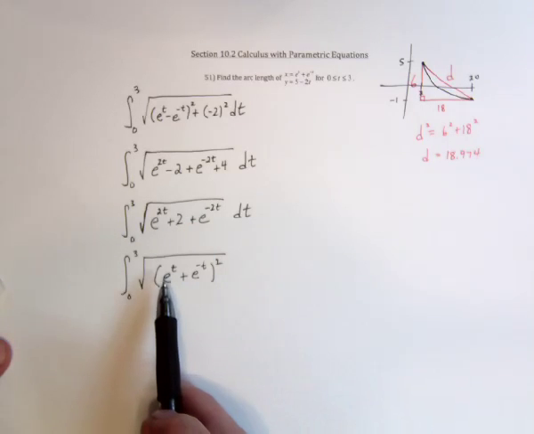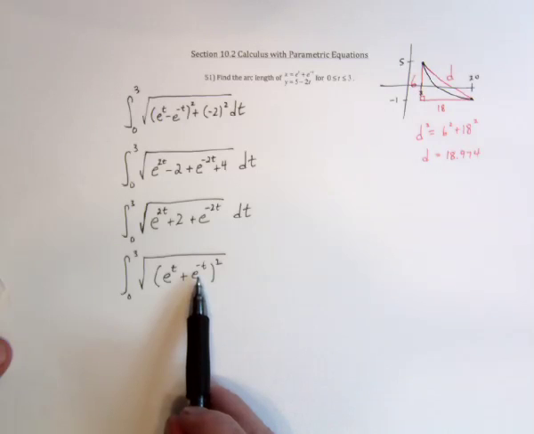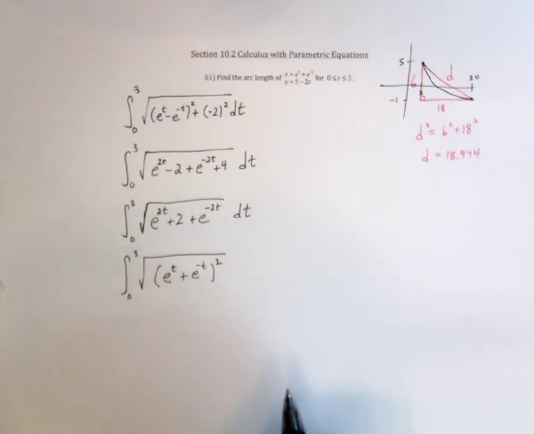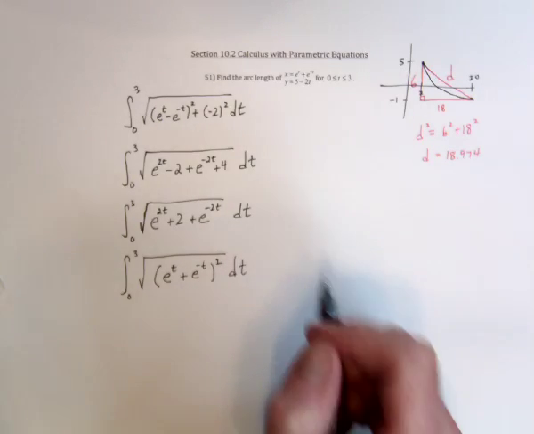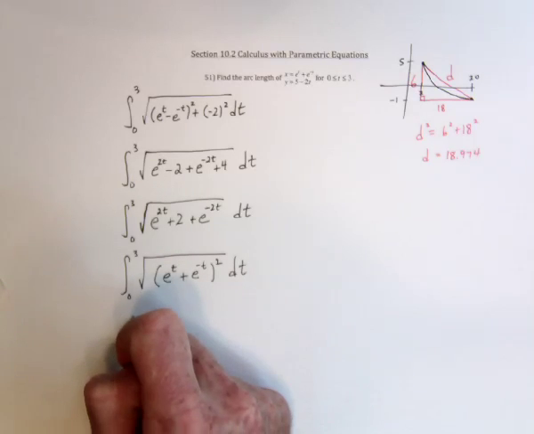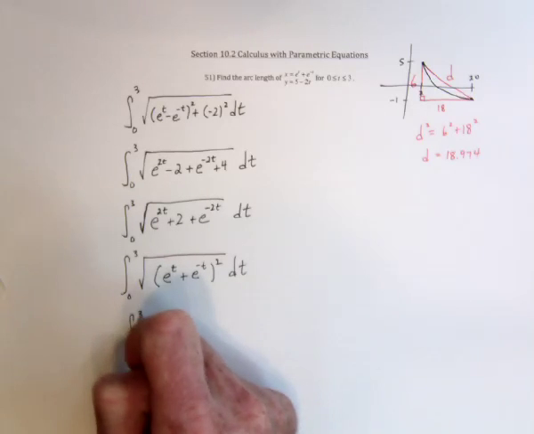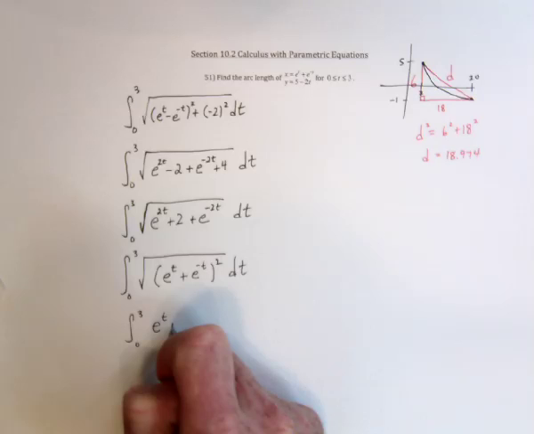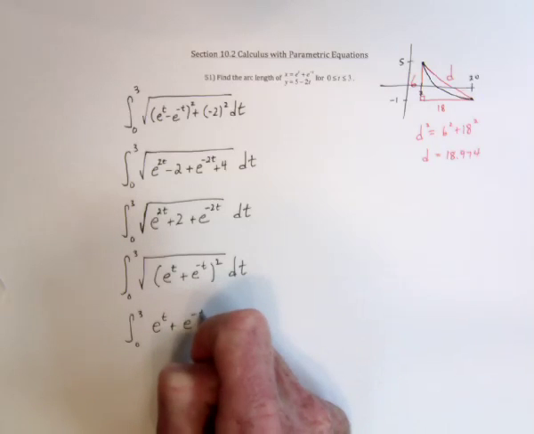Well, the middle term would be this times this, and then double it, which is going to be e to the 0, 1, doubled is that 2. It works. Alright, so the square and the square root cancel, so what we're really left with for integrating is e to the t plus e to the negative t.